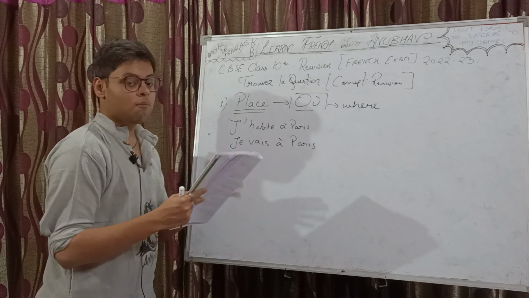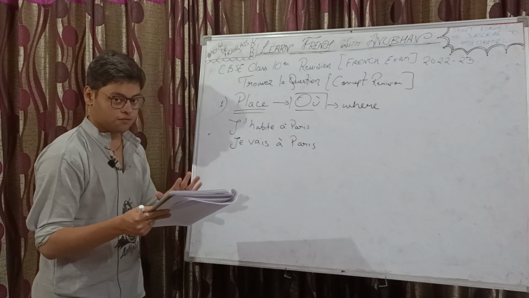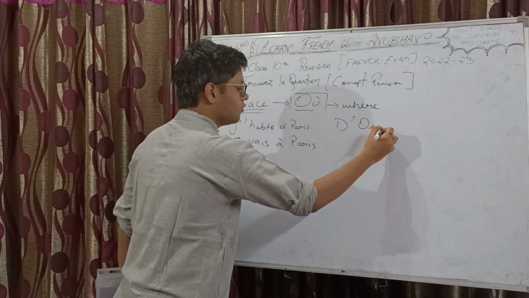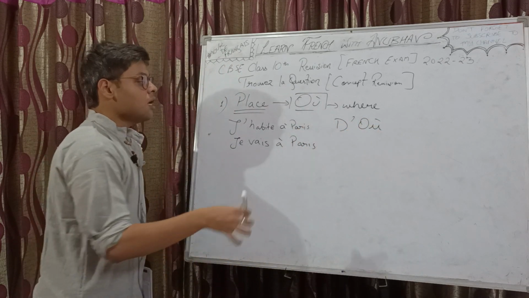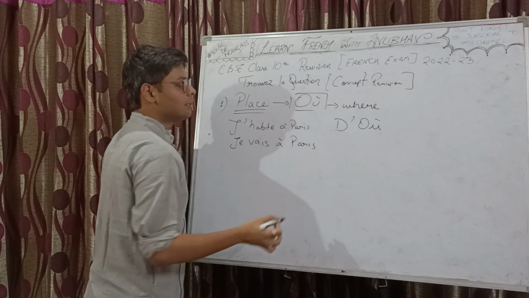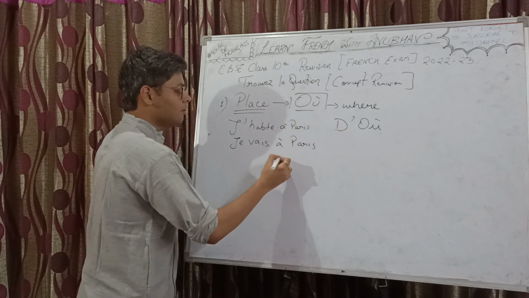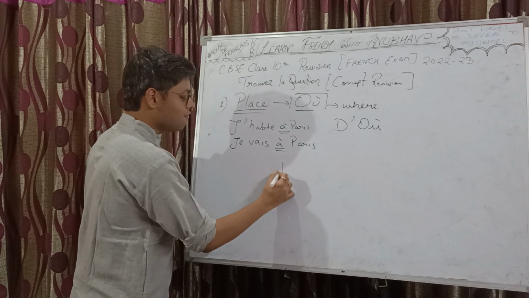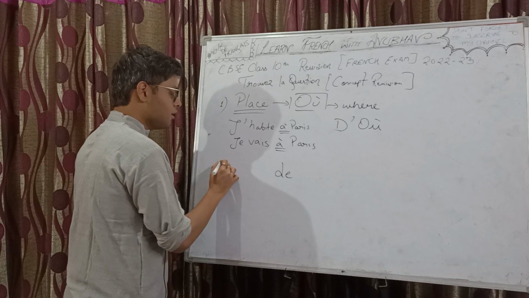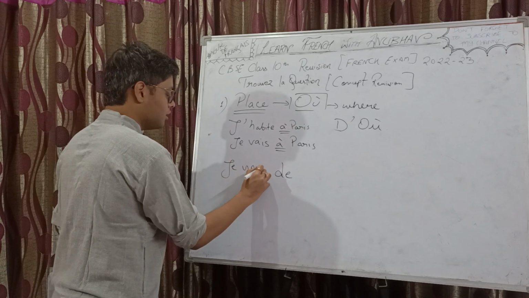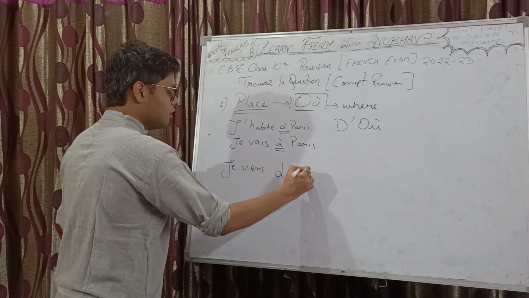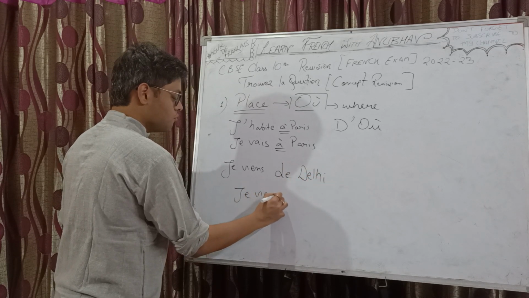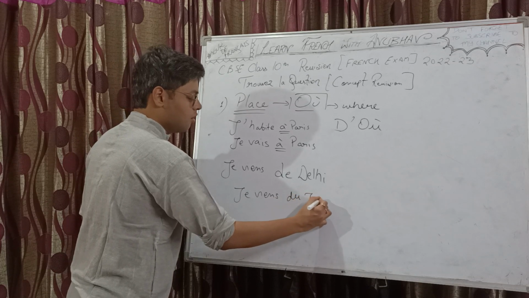But there's one more type under this particular sort of question, okay, which is d'où. Okay, now this is also used in certain cases where instead of this preposition for place, we have the de. For example, je viens de Delhi, I come from Delhi, or je viens du Japon, I come from Japan.